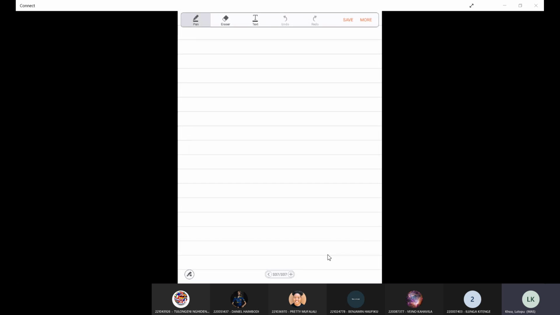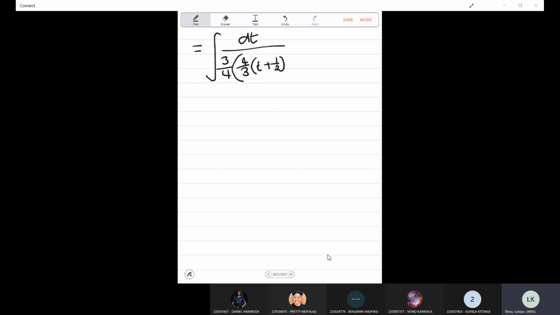So we have the integral dt here, and then we take 3 over 4 out, and what we have is 4 over 3 multiplied by t plus a half squared plus 1, like that.